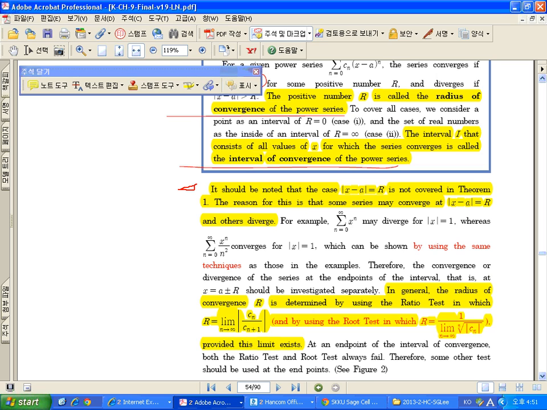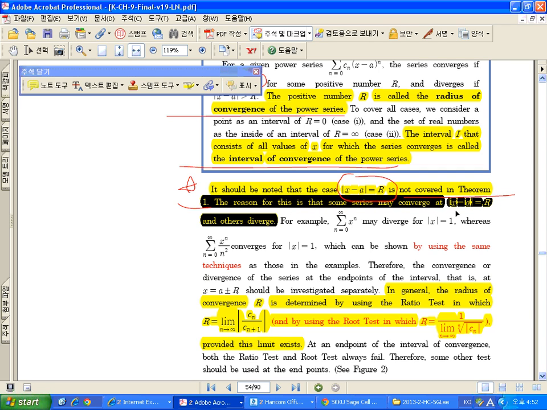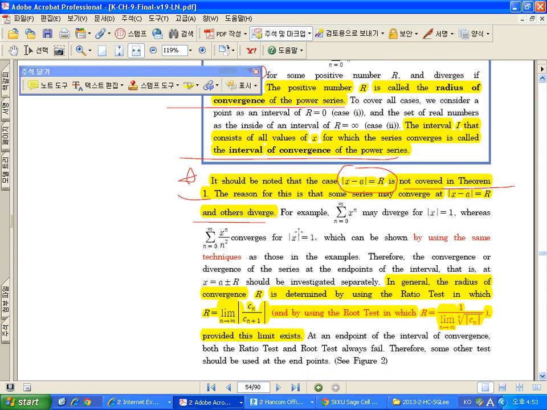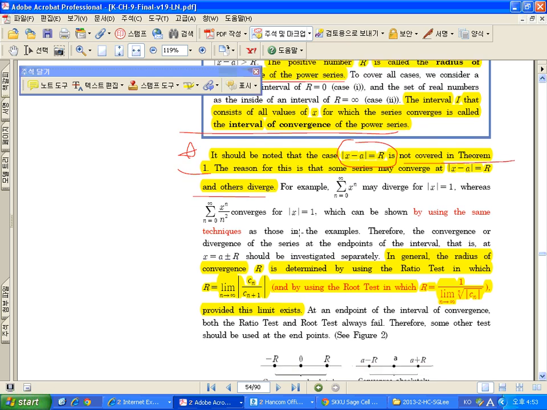It should be noted that the case where the absolute value of x minus a is equal to R is not covered in the theorem, because some series may converge in that case and some series may diverge. So we cannot make any conclusion on that case. That's why it was excluded in the theorem.